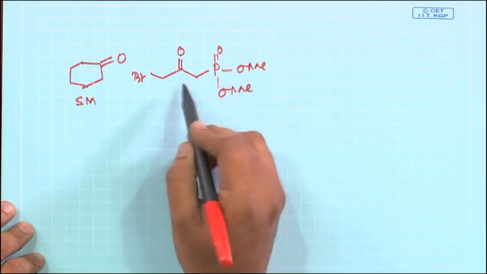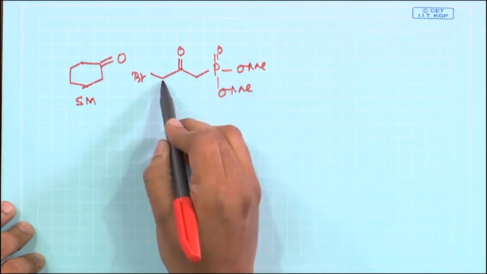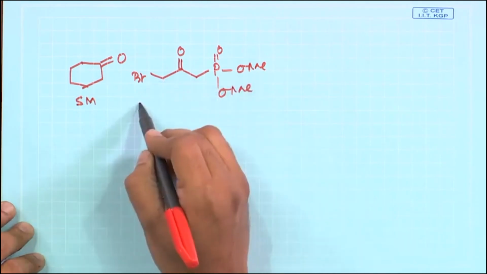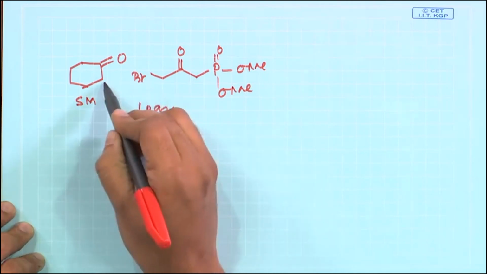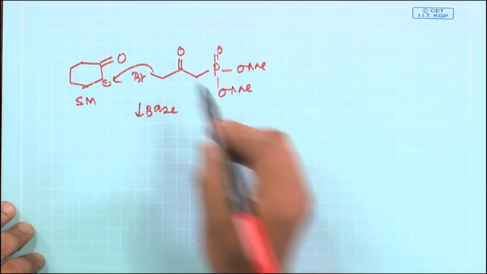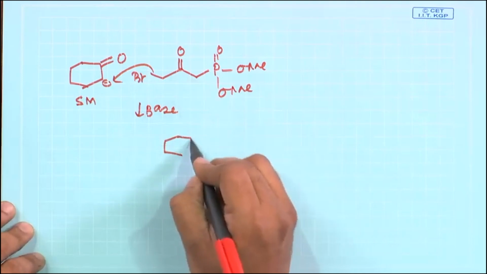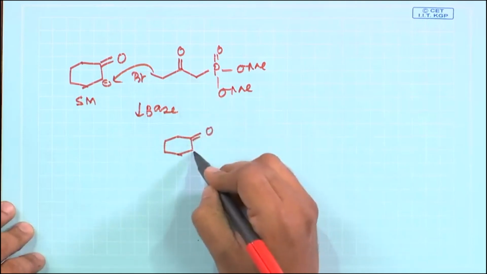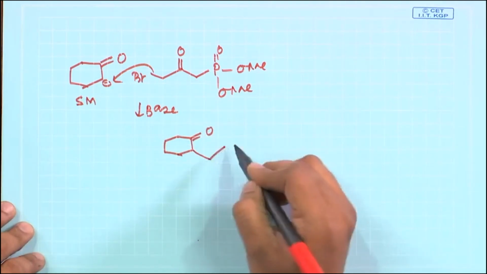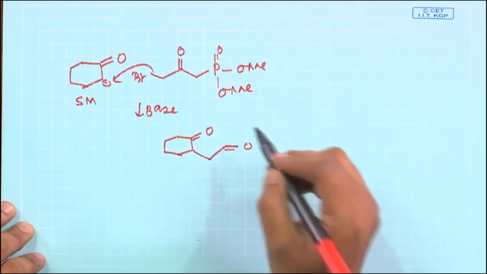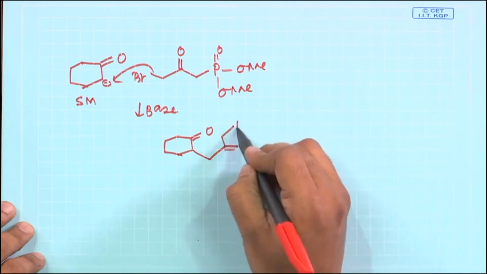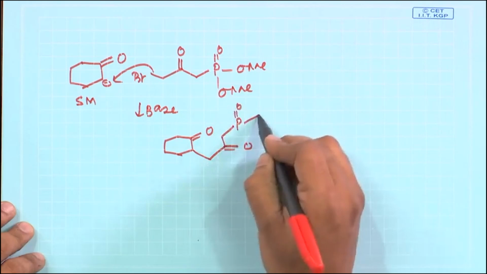Now, this phosphonate has two parts, one part is the bromo part. So, first treat with base mediated alkylation. So, minus this comes here and will give you a CH2 these things, and then your ketone is there, and then you have this P double bond to OMe.